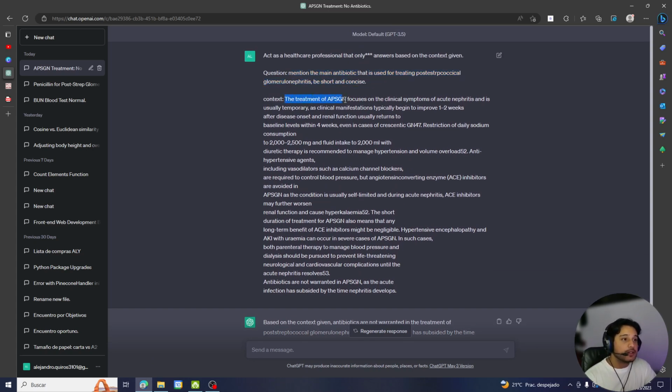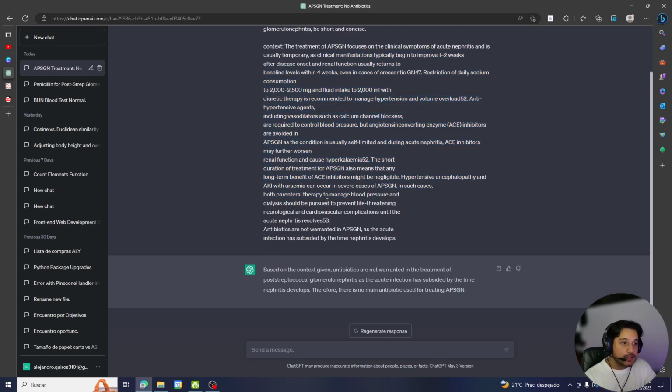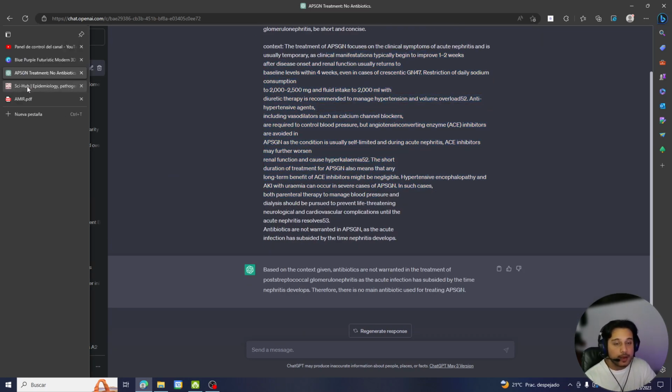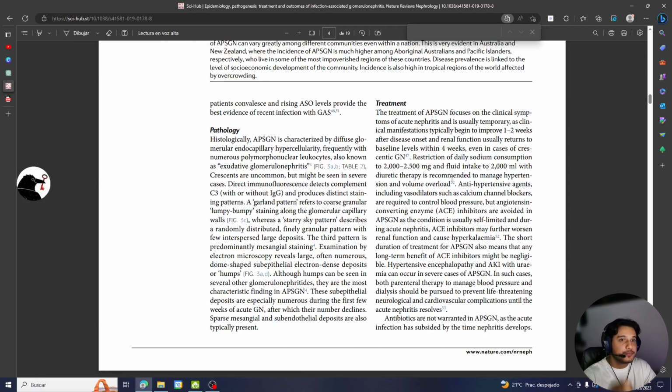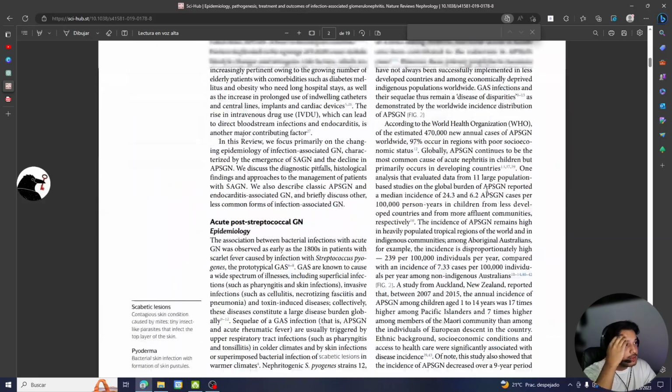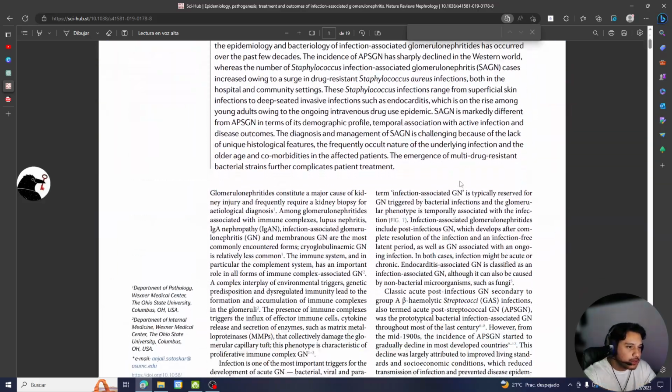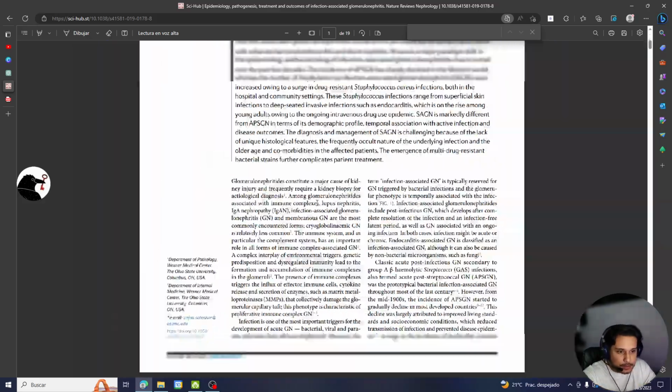The treatment of that focuses on the clinical symptoms of acute nephritis and is usually temporary, as clinical manifestation typically, and all that stuff. This is actually taken from a clinical guideline, and you can see the DOI up here, maybe. I don't know if it's there.